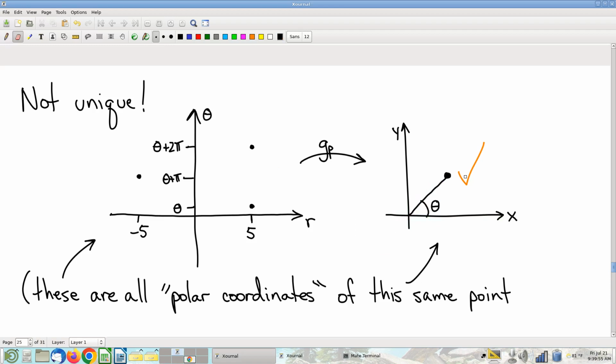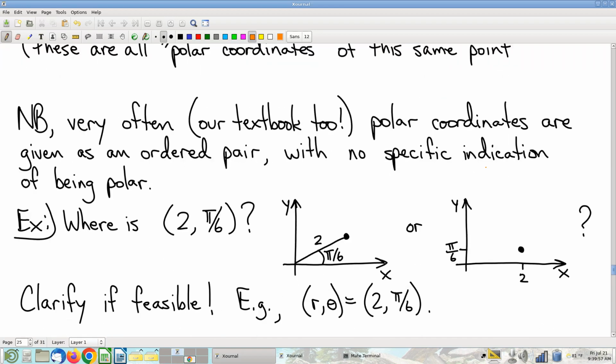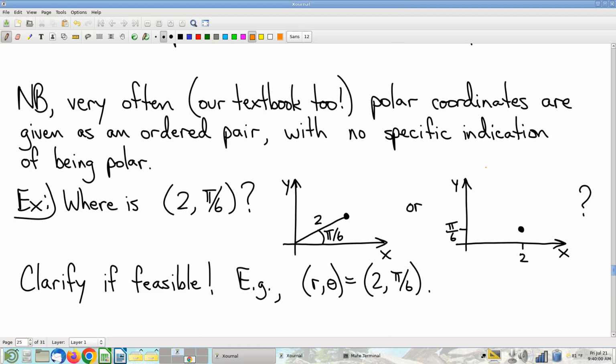There's another couple of little awkwardnesses that just have to get pointed out. When you're talking about points in a coordinate system, or in particular when there are multiple coordinate systems running around at the same time, sometimes polar coordinates, sometimes rectangular coordinates, and that's kind of the norm, by the way. If polar coordinates show up at all, it's usually in addition to rectangular coordinates. This notation right here starts to be ambiguous. Just because I put some numbers in parentheses, that just means these are two coordinates.